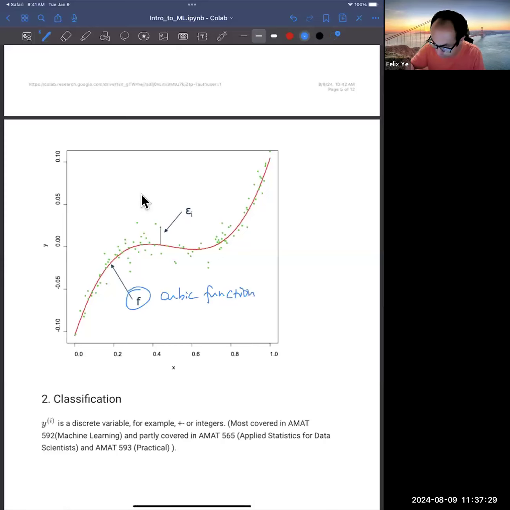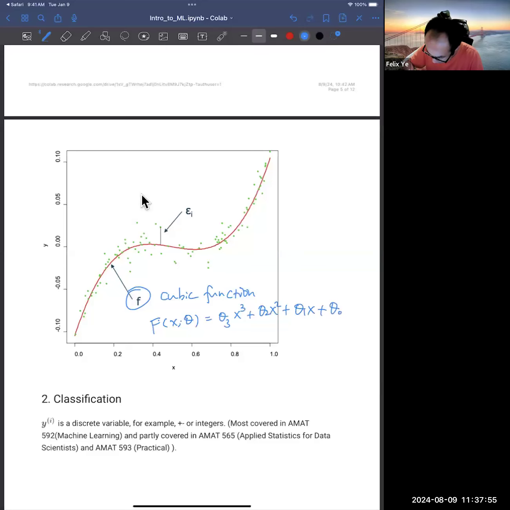So what you can do is your f could be theta 3 of x to the third, x2, x1, and x0.